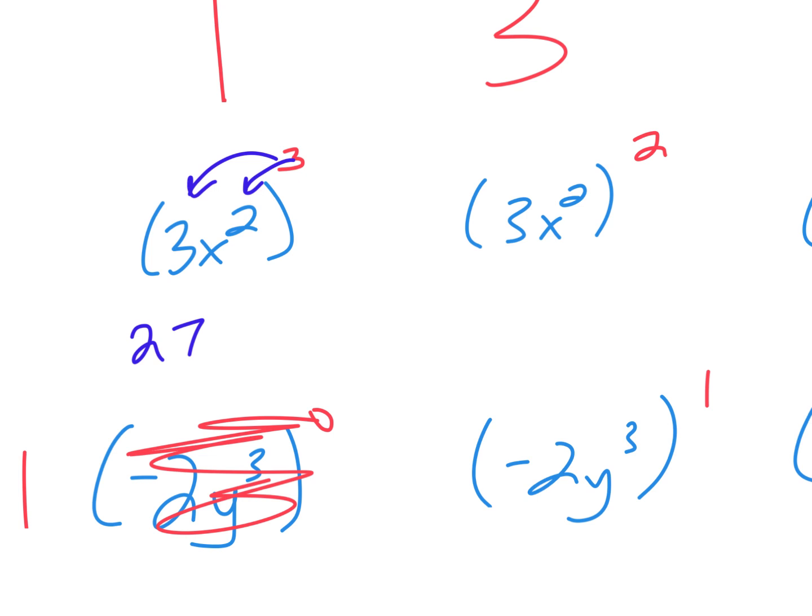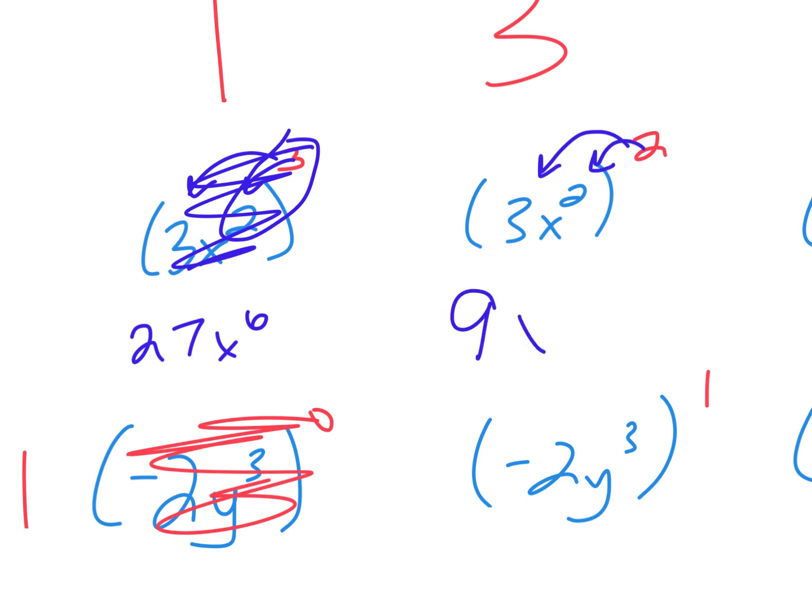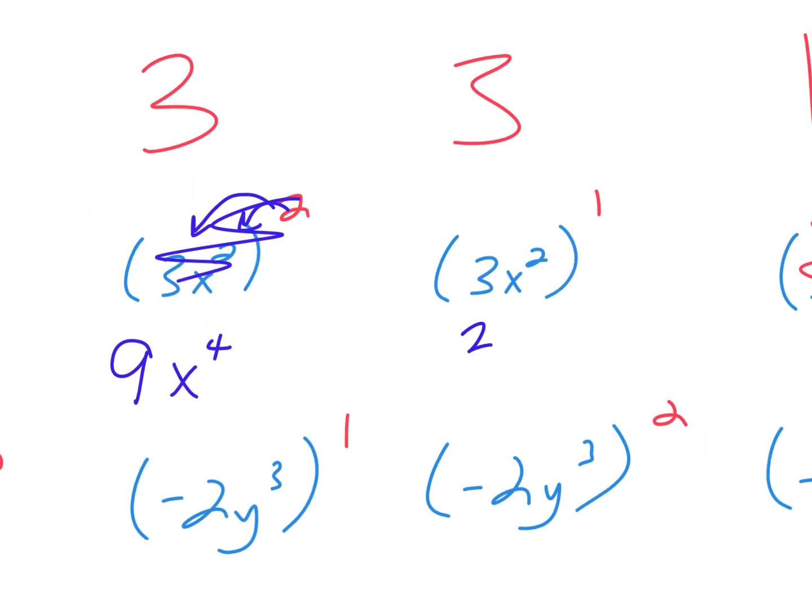You multiply. If you're multiplying same base, you add them. But when you raise a power to a power, what do I do with 3 and 2? You multiply. That becomes x to the 6th. So this 2 goes here and here. What is 3 squared? 9. And this becomes x to the 4th. Good. This is just 3x squared.